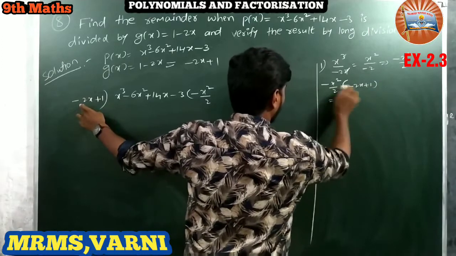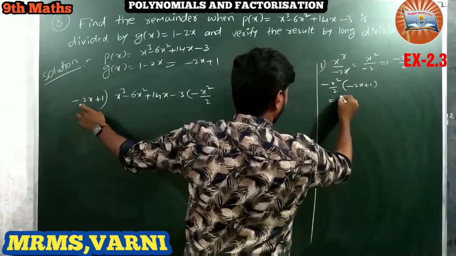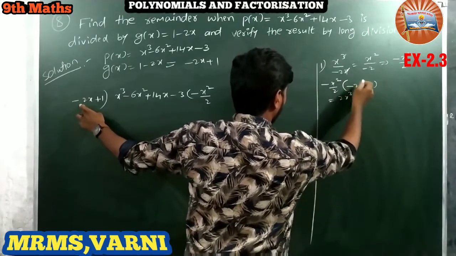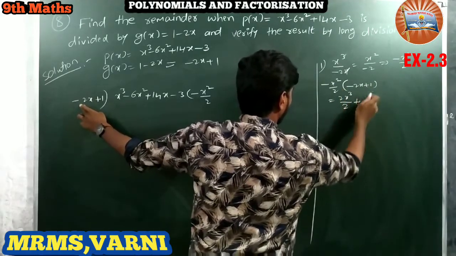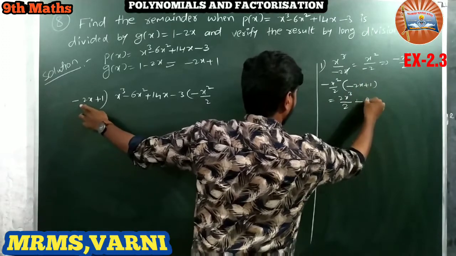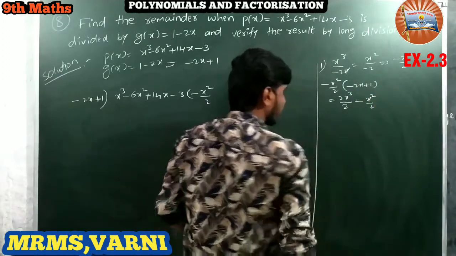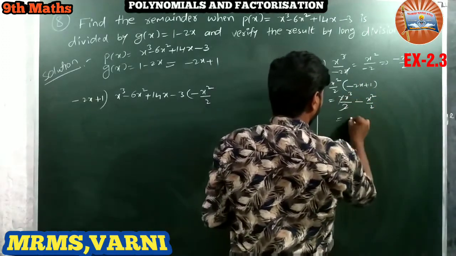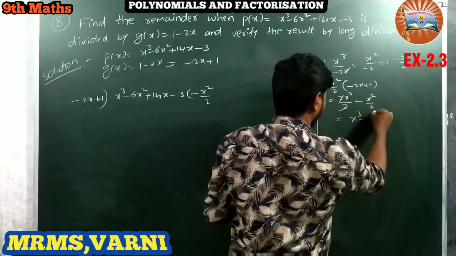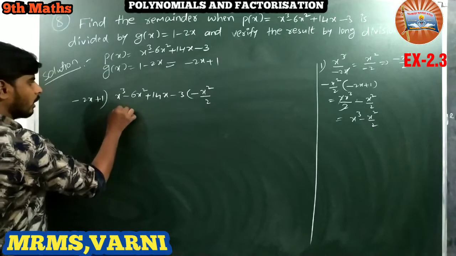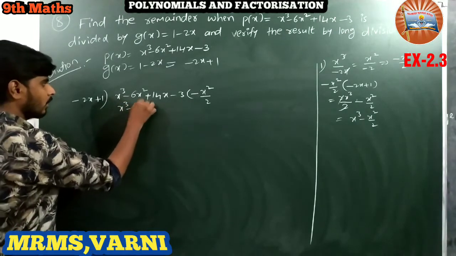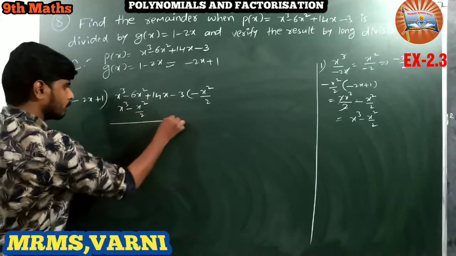What becomes? Minus into minus is plus, x square into 2x is 2x cube by 2, plus minus x square by 2. So this 2 gets cancelled. What does that mean? x cube minus x square by 2. Write down here x cube minus x square by 2.